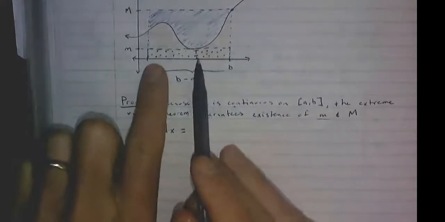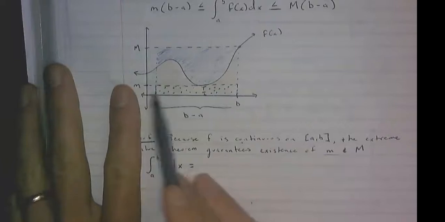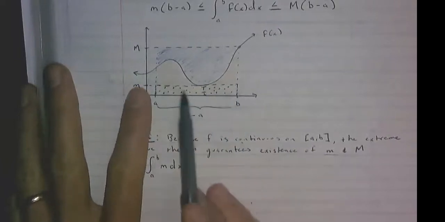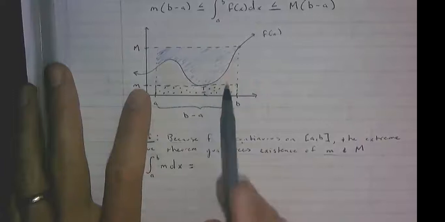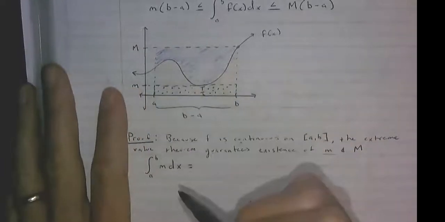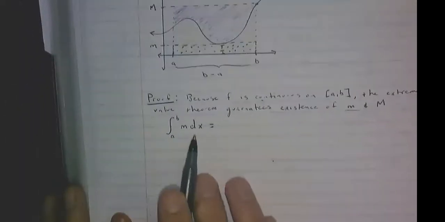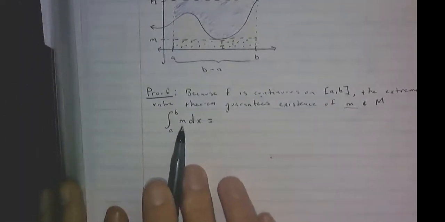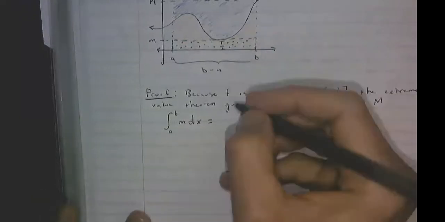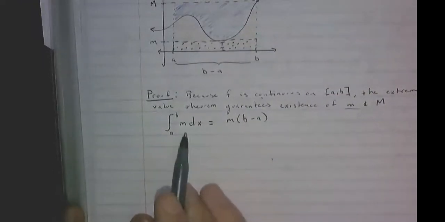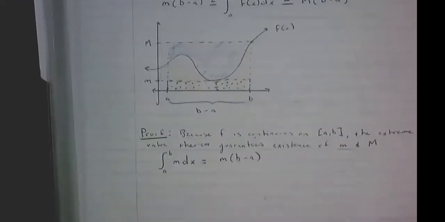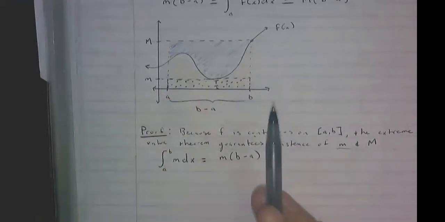Which we can visually see here, that if we wanted to call m some new function, the integral from a to b of m is exactly this polka dotted area, okay? And so this definite integral from a to b is equal to m times b minus a. Comes from 4.5.9, but also from just looking at this graph.